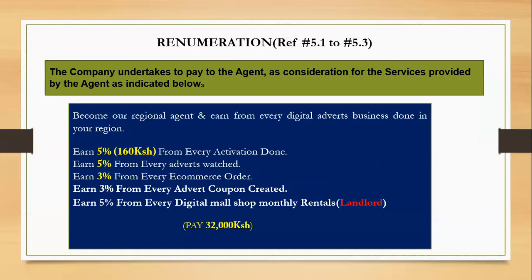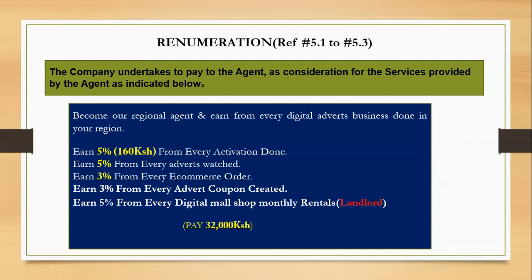As a company, we undertake the responsibility to pay a regional agent in several different ways. This 5%, that is 160 Kenya shillings from every single activation that is realized from that given region, whether you have participated directly or indirectly in getting that activation or not. 5% from every advert watched, 3% from every e-commerce order, and 3% from every advert coupon created.